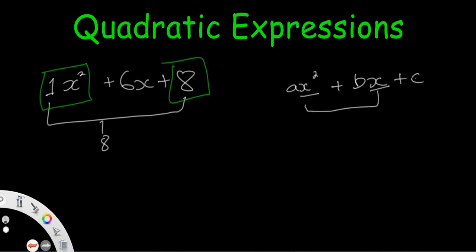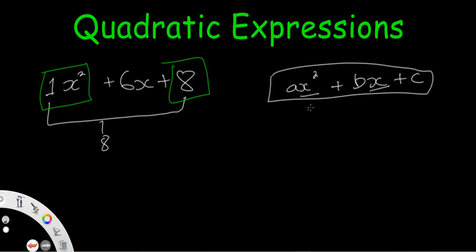Now a, b, c are also unknown, but here for the sake of the example we are thinking that these are known values. Now that this proves to be a quadratic expression, we can work on this by saying, first of all, you have to multiply c with a, or the third term with the first term, however you like to remember it. But this is how we represent a quadratic expression, the standard form of quadratic expressions.